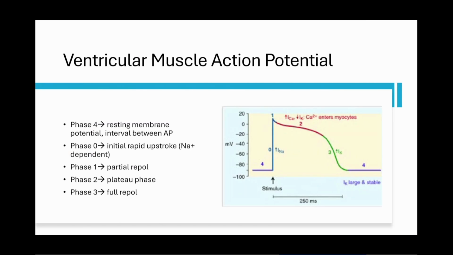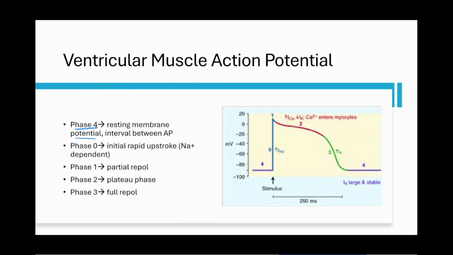This is a ventricular muscle action potential. This is the actual muscle properties. They're going to need a lot of calcium. So phase 4 is our resting membrane potential, ground state, in between action potentials, nothing is going on.